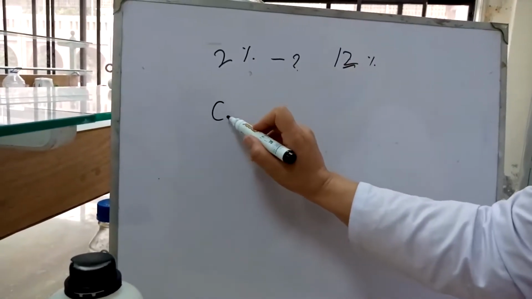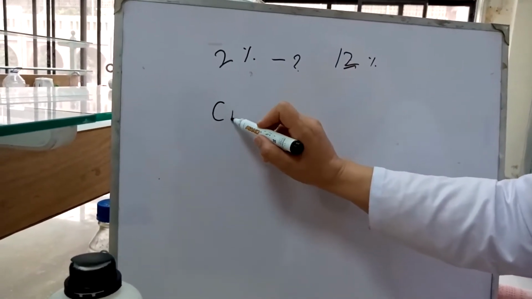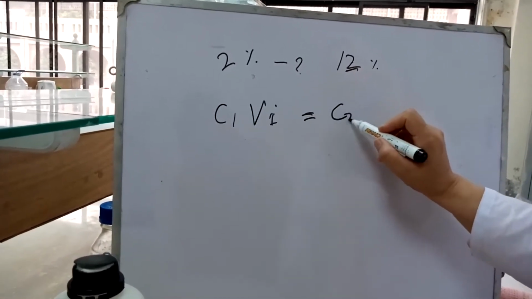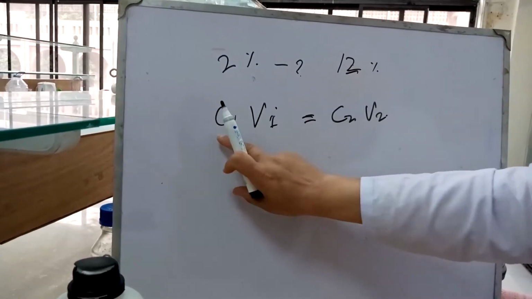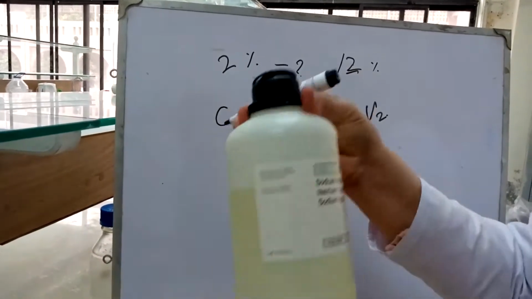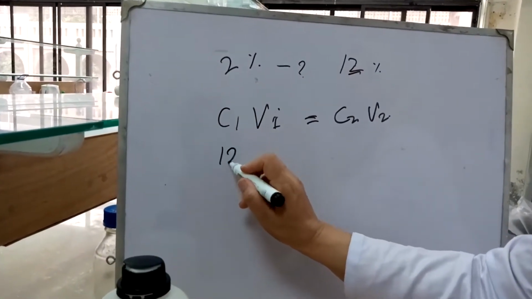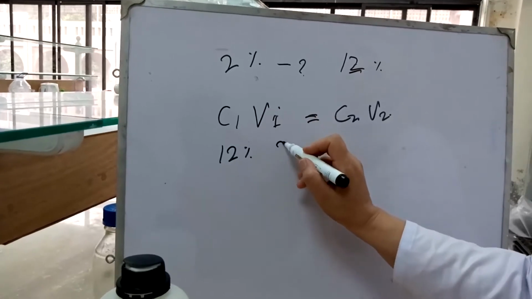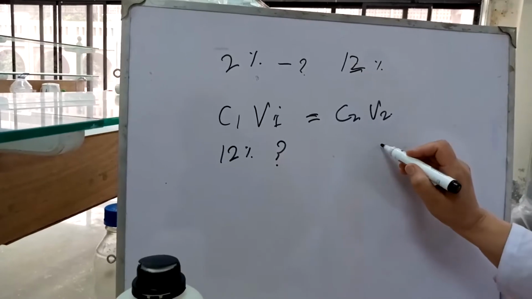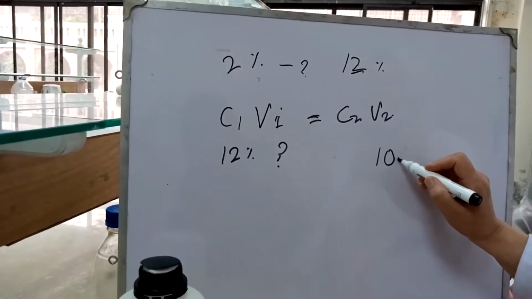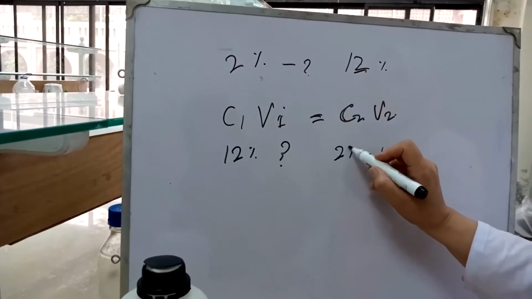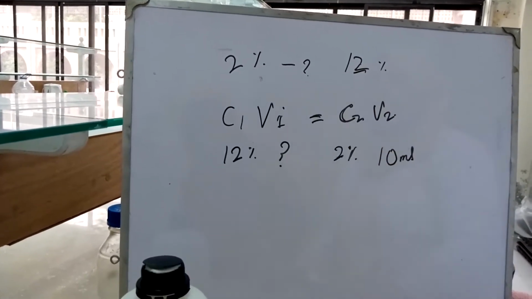we will use the formula C1V1 is equal to C2V2. C1 is the concentration of the sodium hypochlorite, that is 12%, and how much volume of this sodium hypochlorite we are going to use to make the volume 10 ml, and the concentration which we require is 2%.